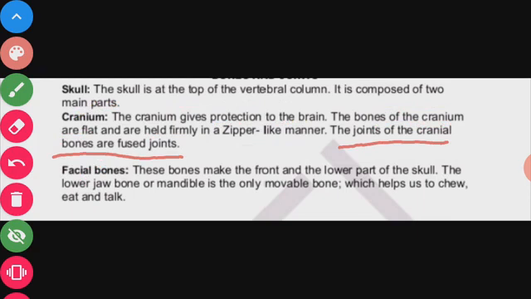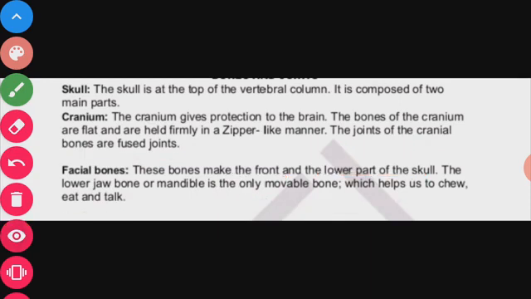Second, the facial bones make the front and the lower part of the skull. The lower jaw bone, the mandible, is the only movable bone, which helps us to chew, eat and talk.